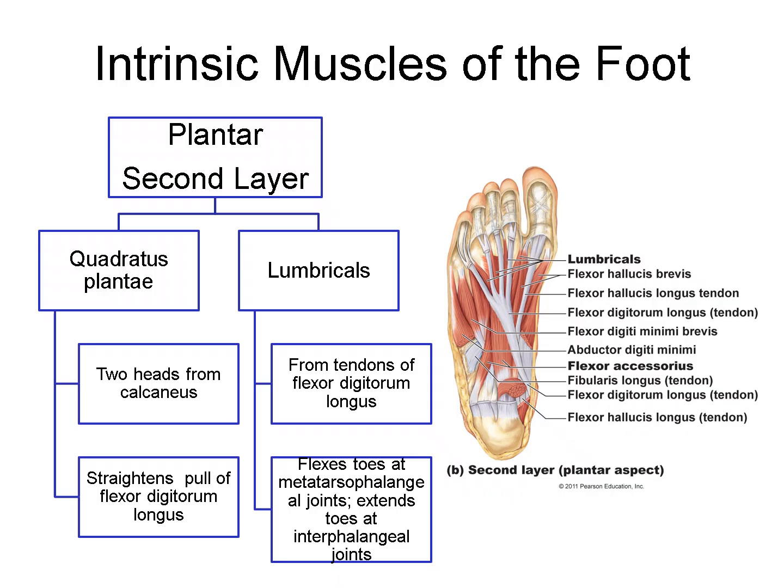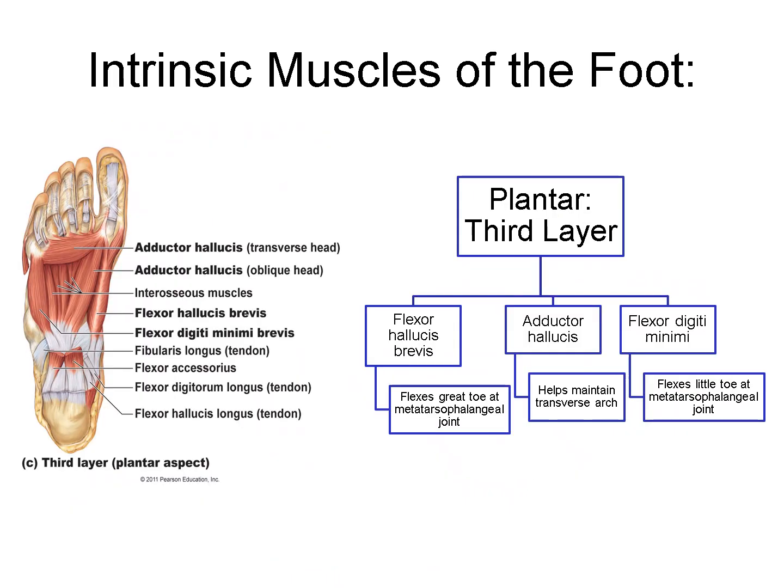The lumbricals originate from the tendons of the flexor digitorum longus and insert on the extensor expansion on the proximal phalanx of toes 2 to 5. By pulling on the extensor expansion, they flex the toes at the metatarsophalangeal joints and extend them at the interphalangeal joints. The third layer consists of the flexor hallucis brevis, adductor hallucis, and flexor digiti minimi brevis.